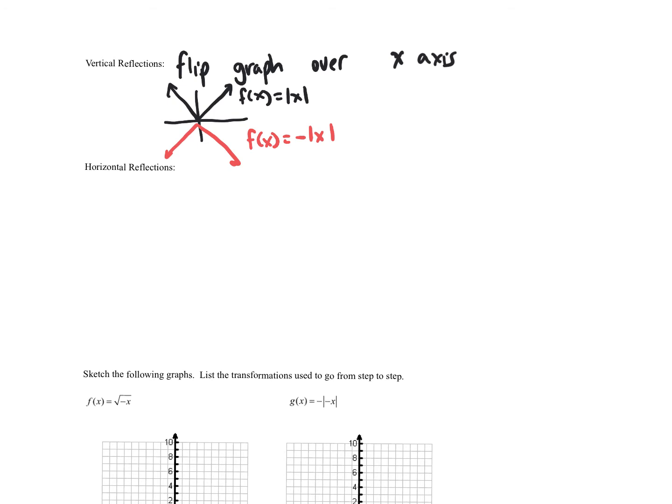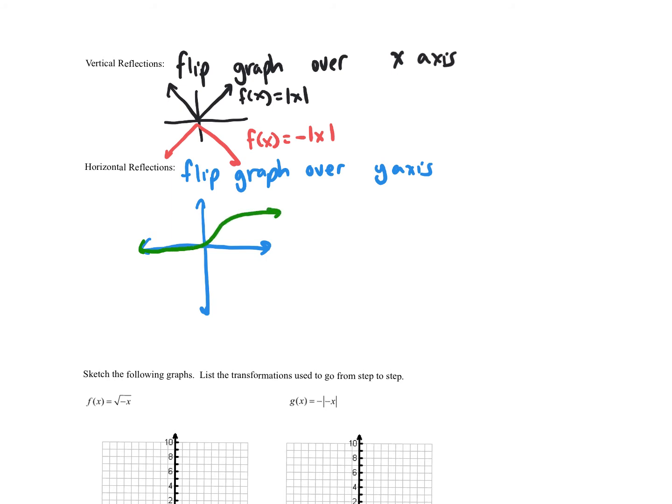A horizontal reflection, same idea, except instead of going over the x-axis, it's going to flip the graph over the y-axis. So let's say I start with a logistic function. So here's a logistic function, looks something like this. This is f(x) equals 1 over 1 plus 10 to the negative x.